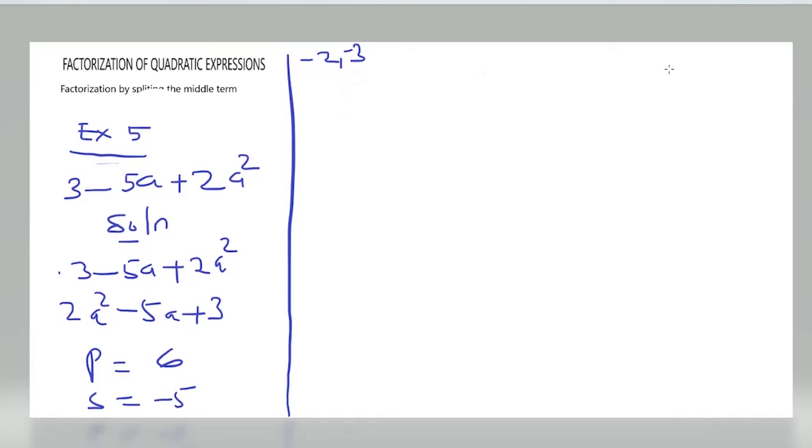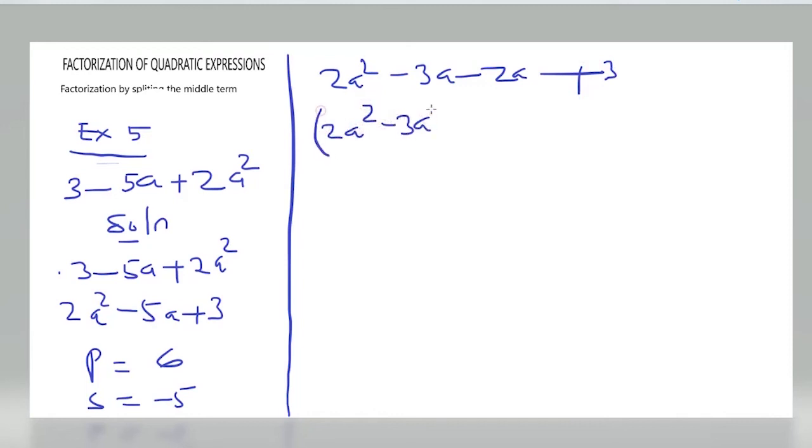Okay. Now in this case, this one will be equal to 2a squared minus 3a minus 2a plus 3. Now 2a squared minus 3a, okay, then plus inside the bracket you have negative 2a plus 3.